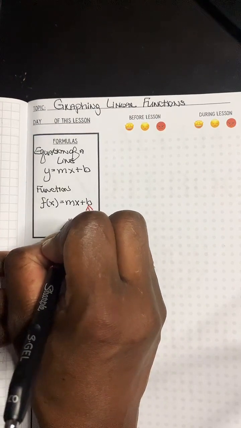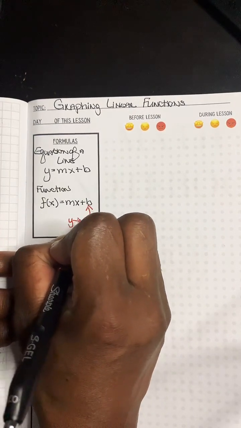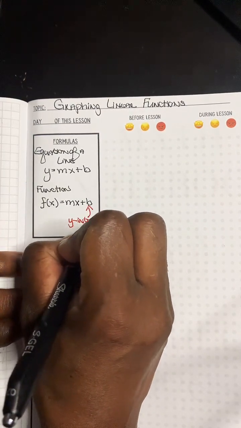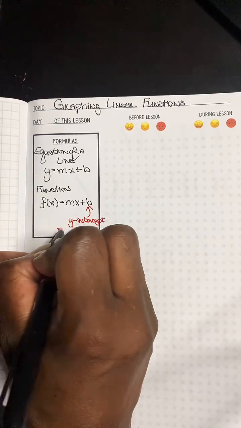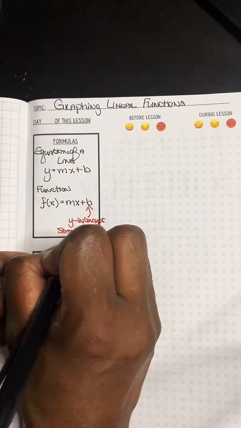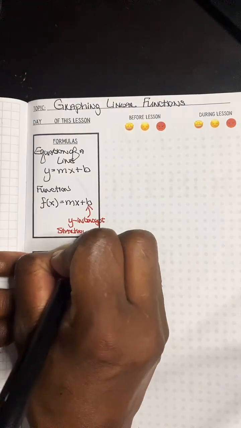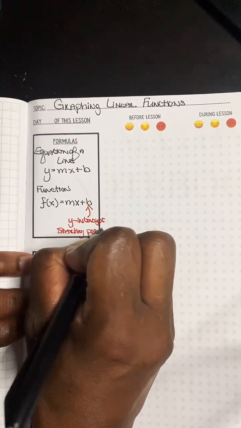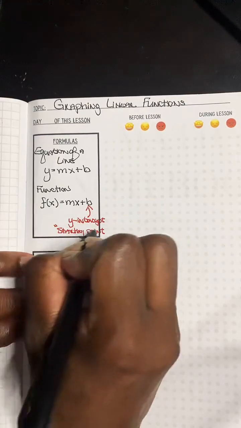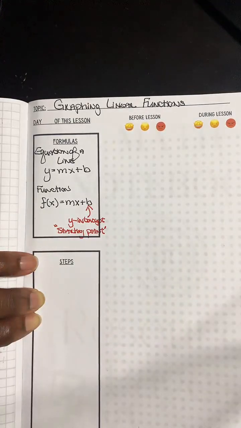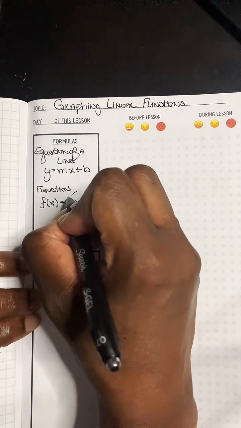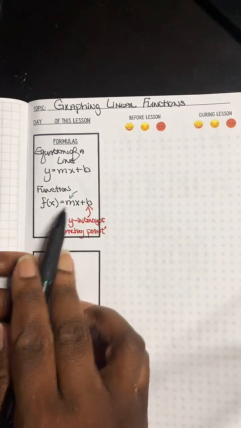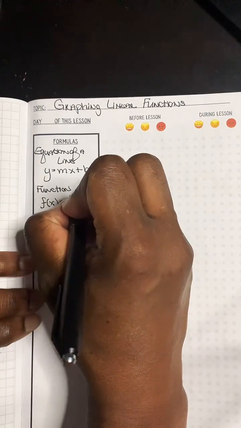So you want to start with what's called the y-intercept. Okay, the y-intercept, that's also known as your starting point. This is where you start on the y-axis. After you find your start, then you're going to go to your slope.